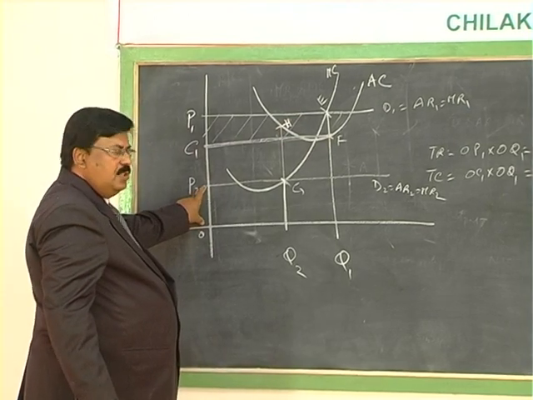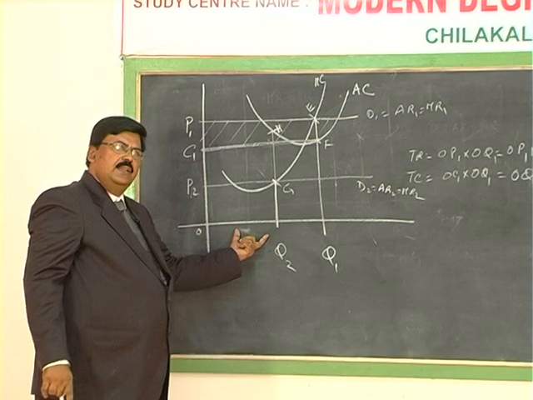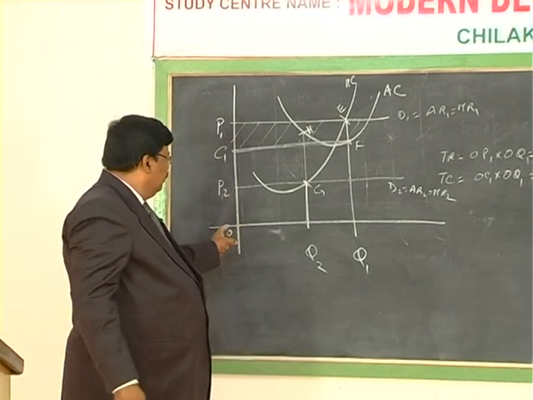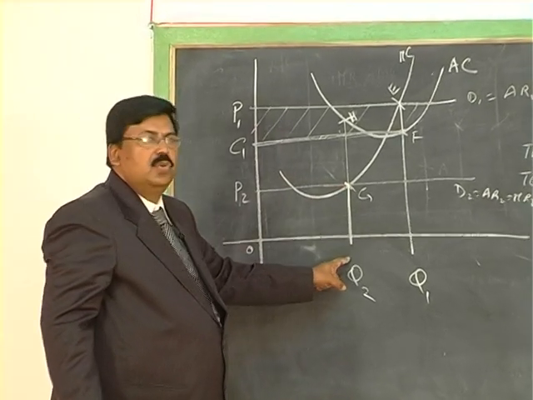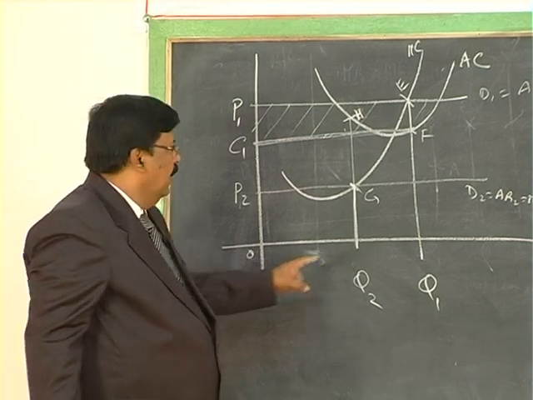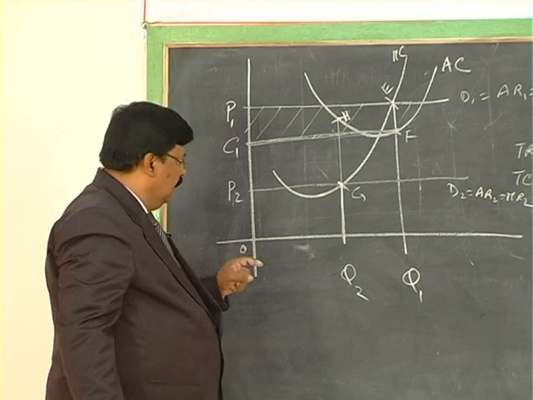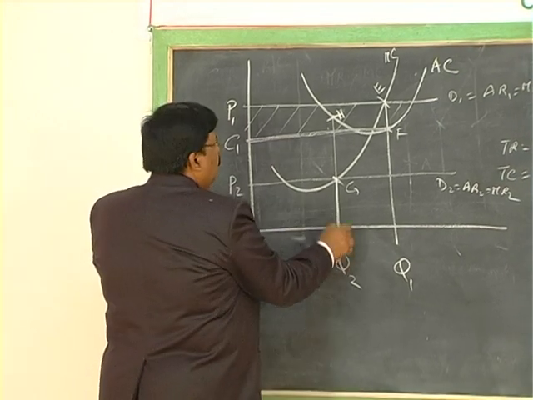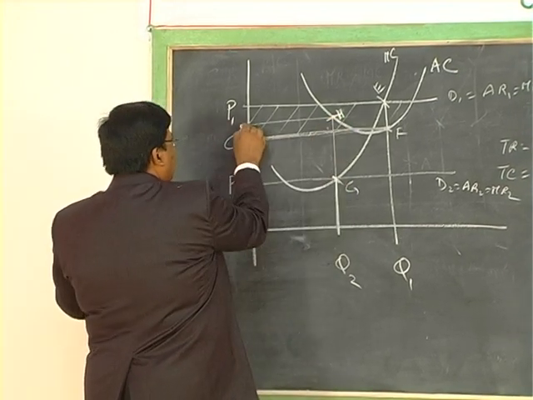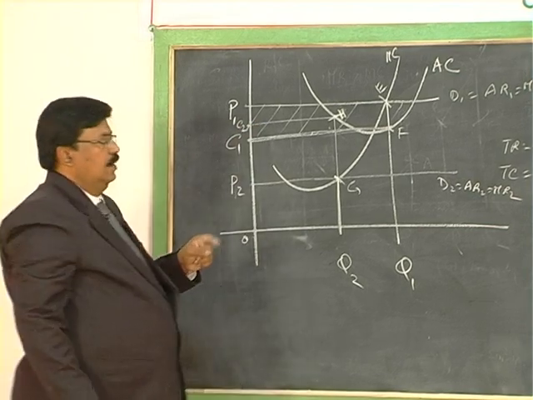OP2 price per unit and OQ2 quantity. OP2 into OQ2 gives you OP2ZQ2. This is total revenue. And cost per unit is Q2H. So OQ2HC2. This is total cost.